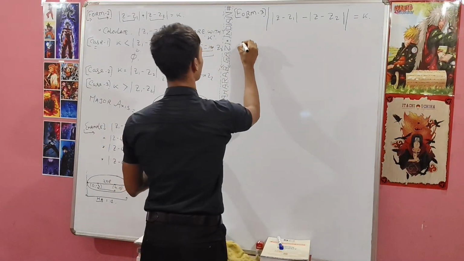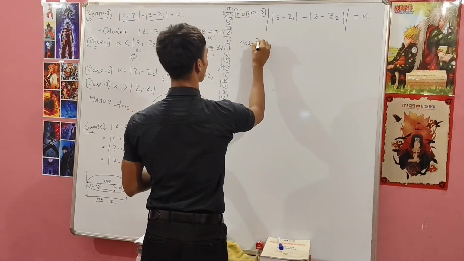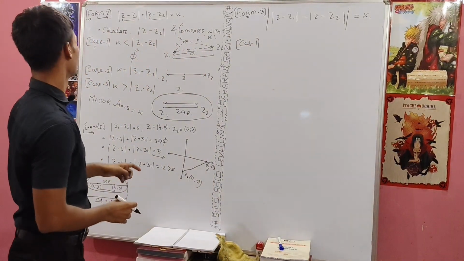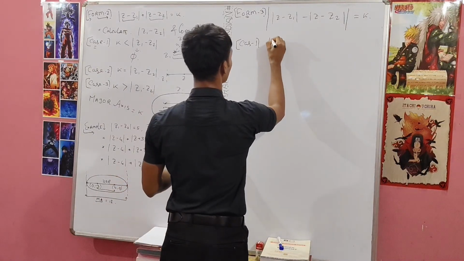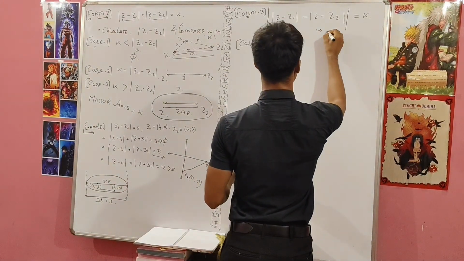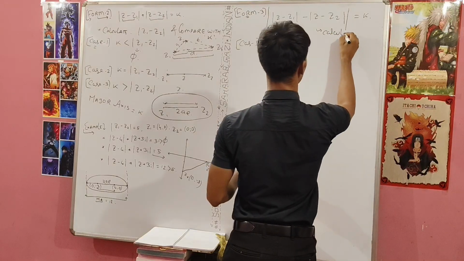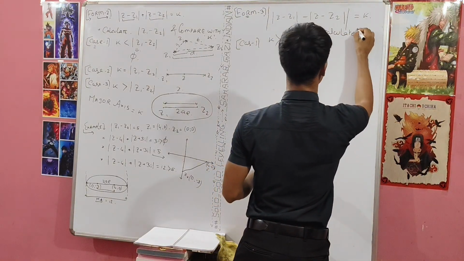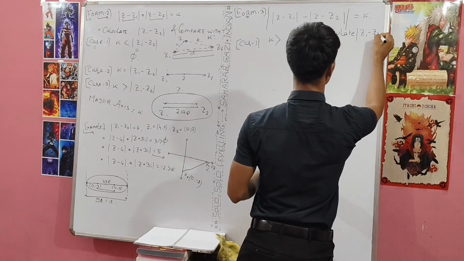Here also there are 3 cases. Case number 1. Let's say k is greater than mod of z1 minus z2.